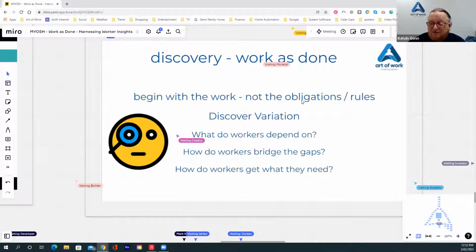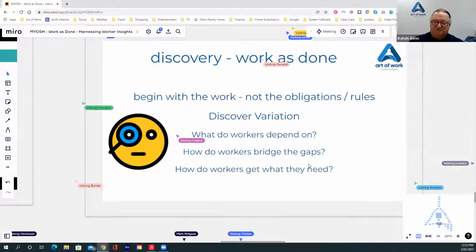So exploring that variation, you're really interested in getting people to explain how they do things when the procedure or the rule or the plan doesn't fit the situation that they're working on. And this happens nearly in every interaction of work.